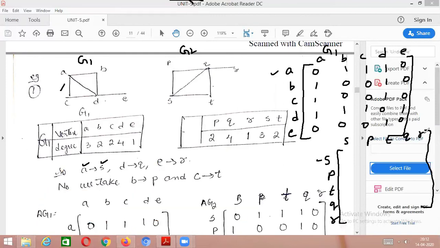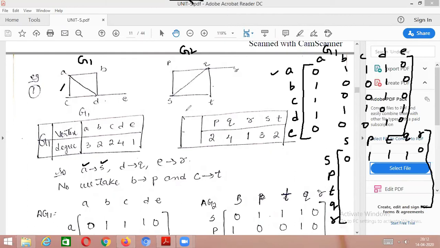Now, S to S, is there an edge? No, 0. Next, S to P, is there an edge? Yes, 1. Next, S to T, is there an edge? Yes, 1. Next, S to Q, is there an edge? Yes, 1. S to R, is there an edge? No, 0.